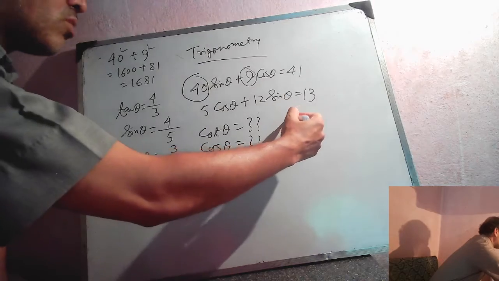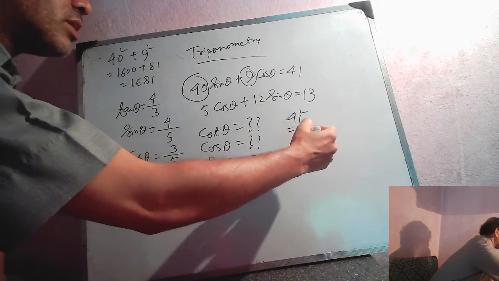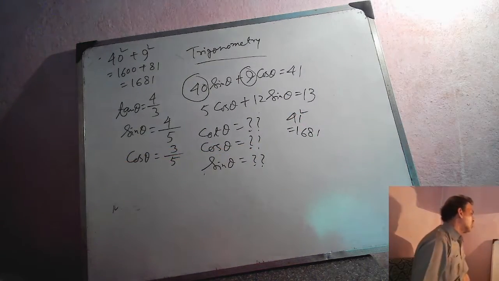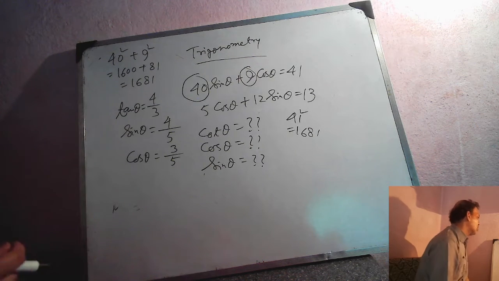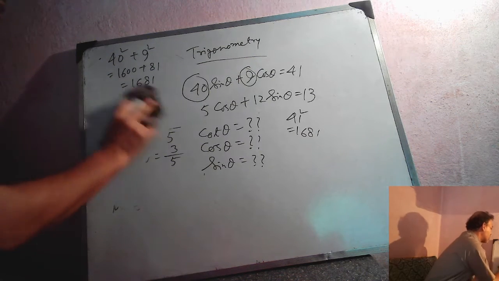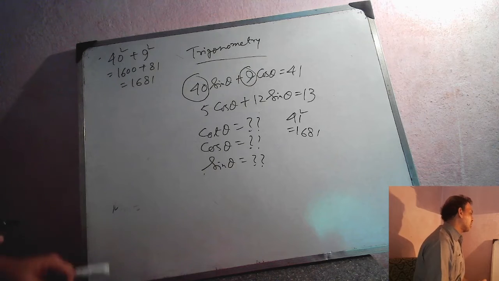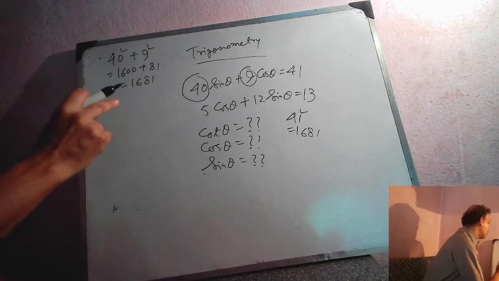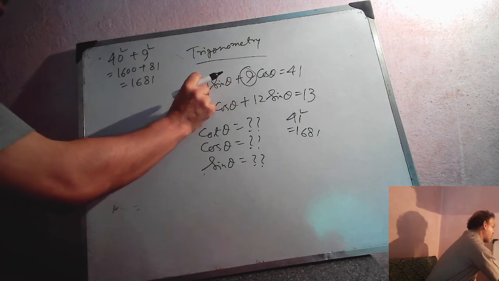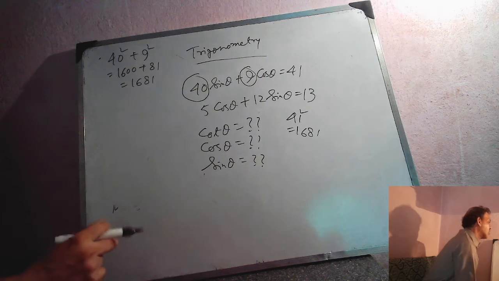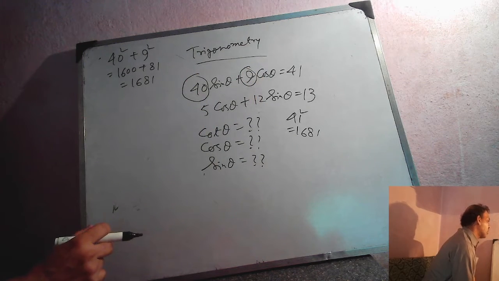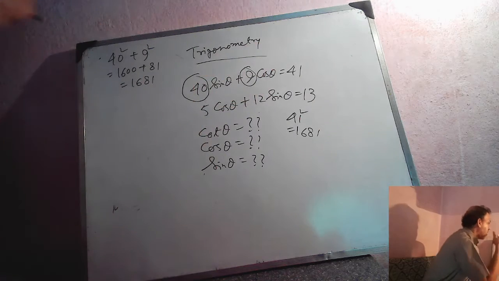Again, 41 square is also 1681. So we can apply the method discussed earlier. Before applying, you have to be sure that the coefficient of sin theta squared plus the coefficient of cos theta squared equals the square of the term remaining on the right hand side.